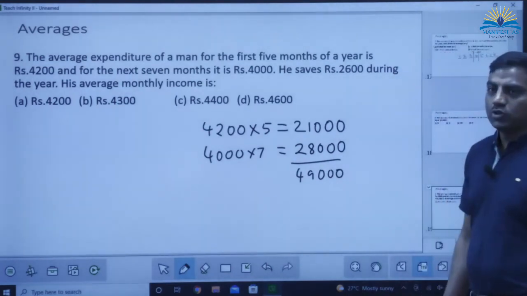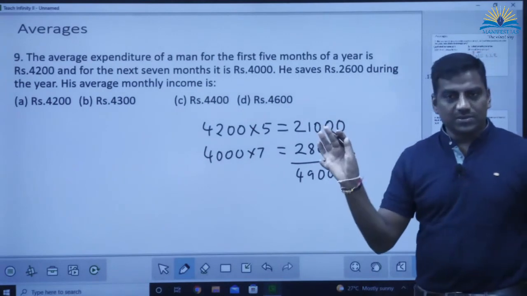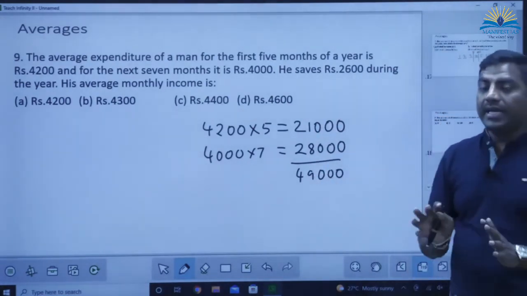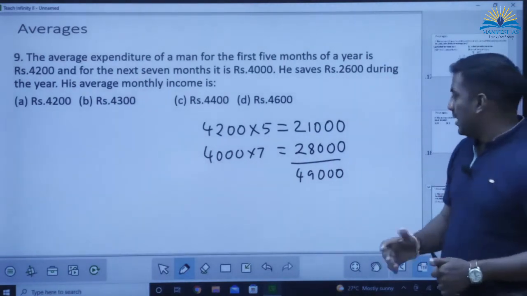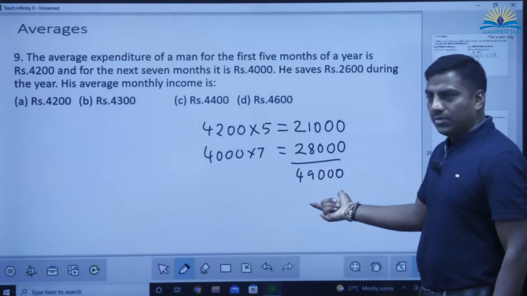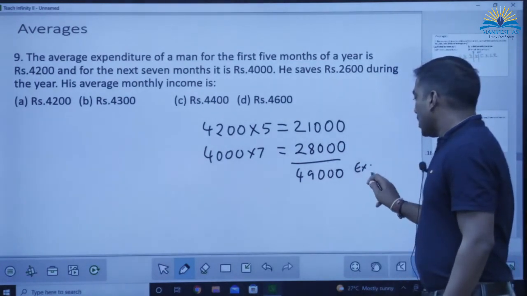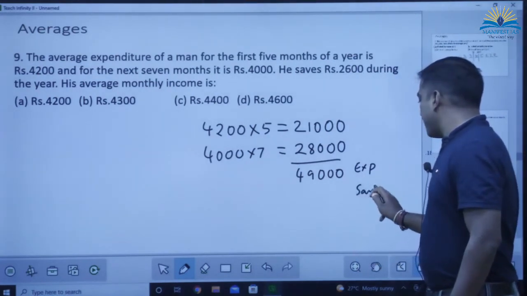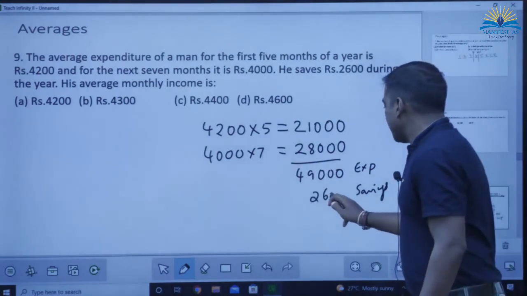He saves rupees 2,600 during the year. It is neither average nor sum. So basically it is what? Totally he has saved 2,600. He has spent this much in a year. So this is his expenditure and his savings is 2,600.